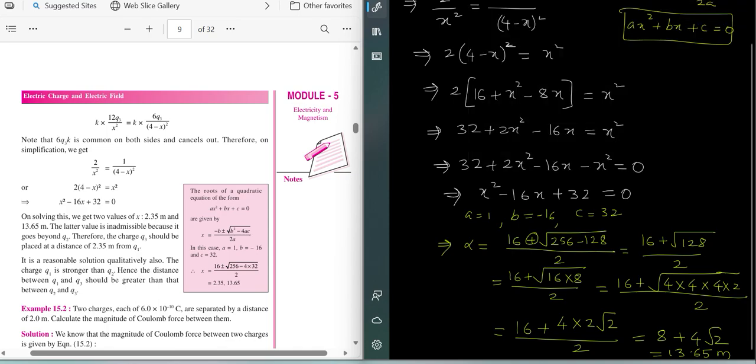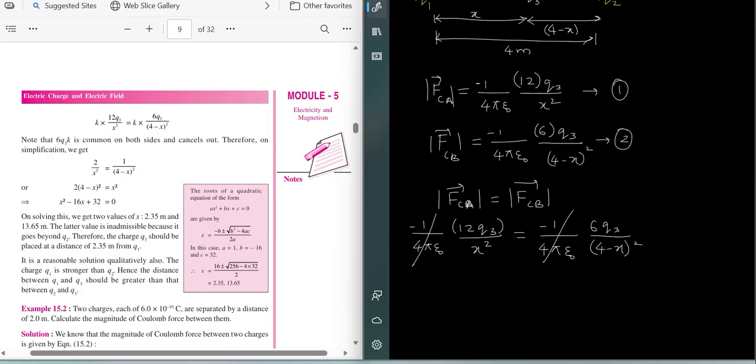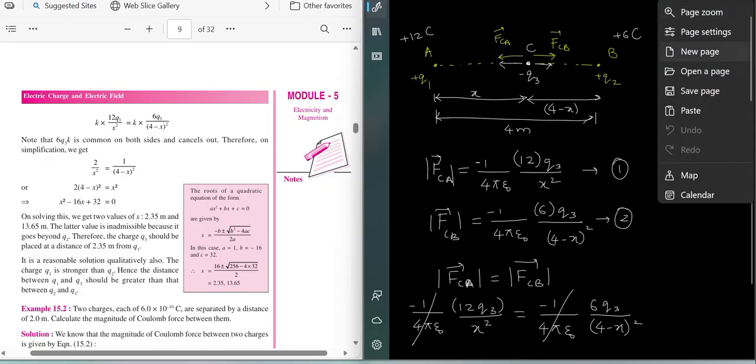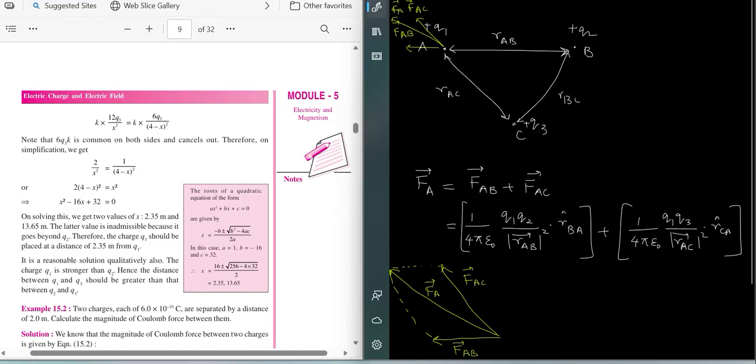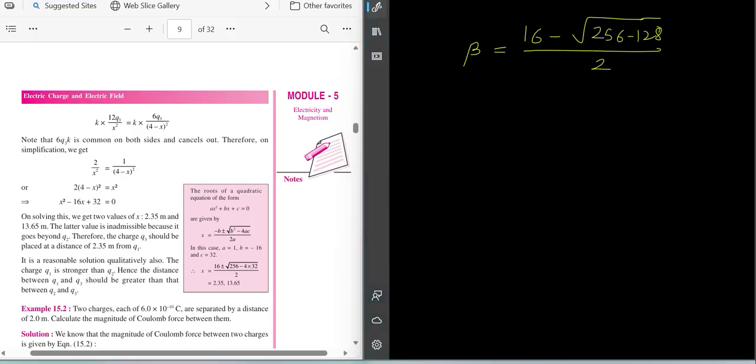Let's see what's happening here. So it will be 8 minus 2 root 2.